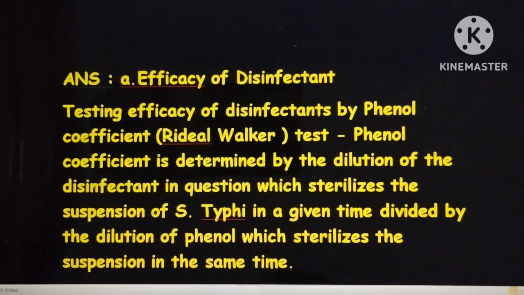The phenol coefficient is determined by the dilution of the disinfectant we are testing, which sterilizes a suspension of typhi in a given time, divided by the dilution of phenol which sterilizes a suspension in the same time.